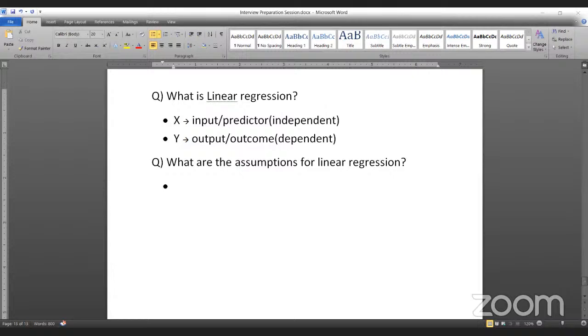Then the variation in the outcome or response variable is the same for all the values of predictor variables.